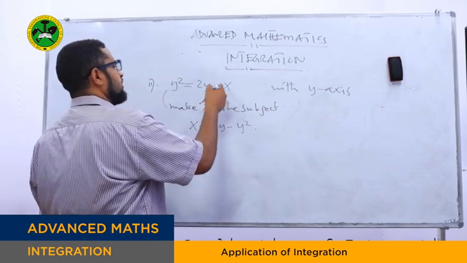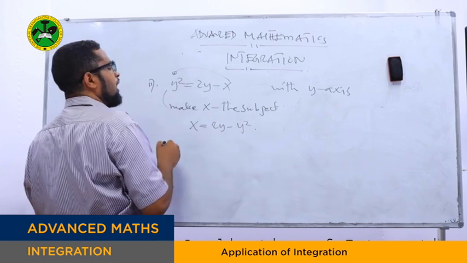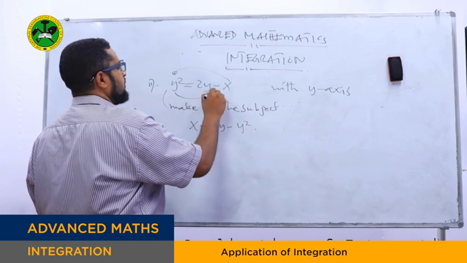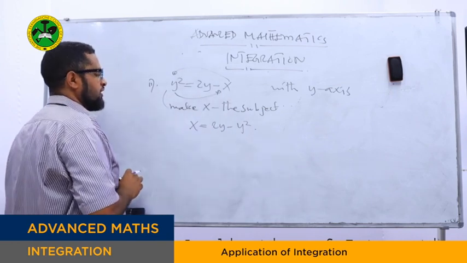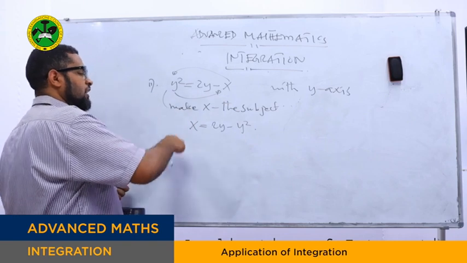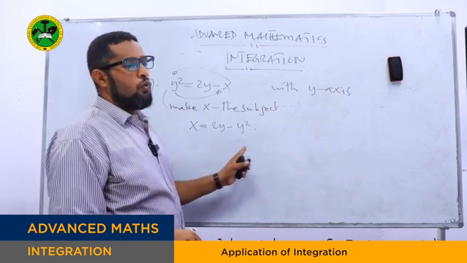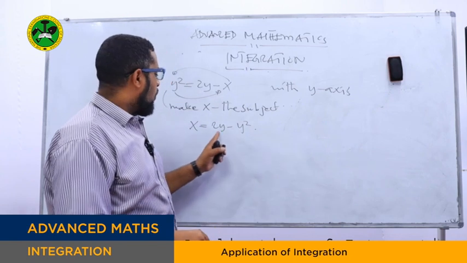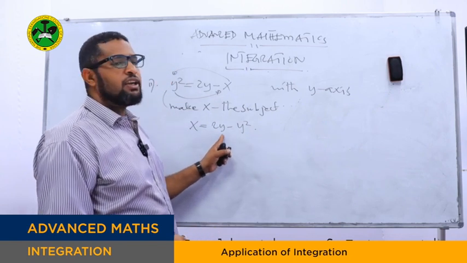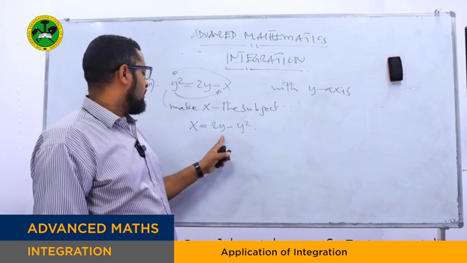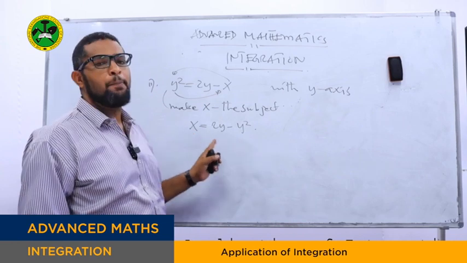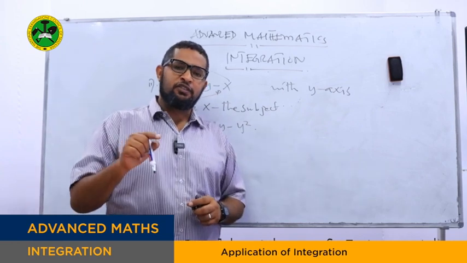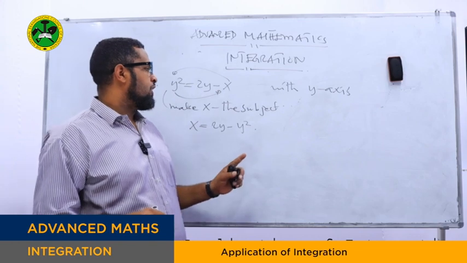So this side becomes positive, and this one moving to that side becomes negative. This is the function x in terms of y. It means here y is the independent variable, but x is the dependent variable. X depends on y to be obtained.